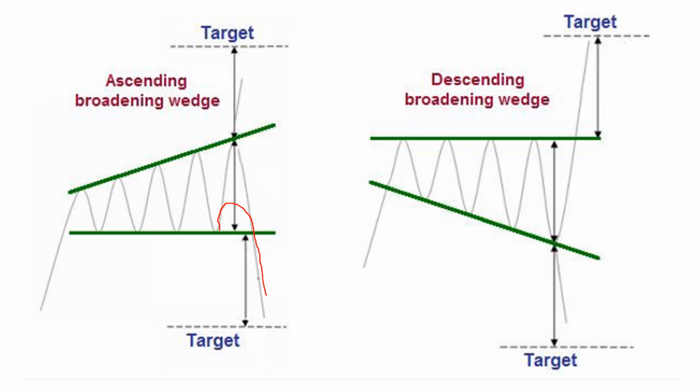Often, right-angled ascending broadening wedges break out downwards, and for the descending right-angled broadening wedges, the breakout is often completely random. Like, it would make sense if it would go up, but they are less reliable than the ascending right-angled broadening wedges.